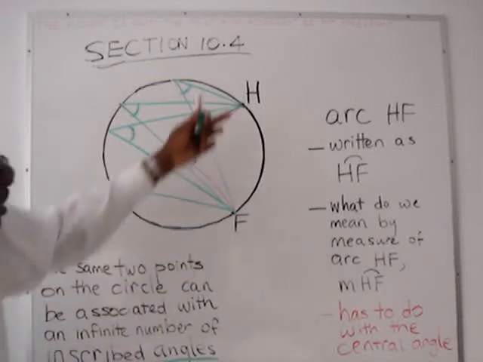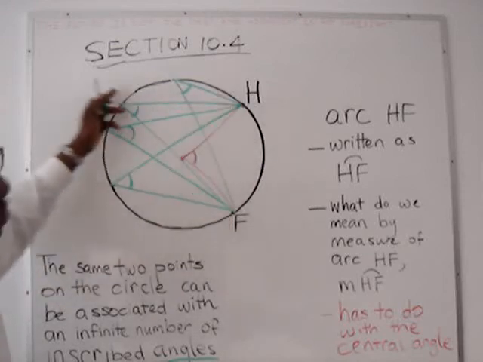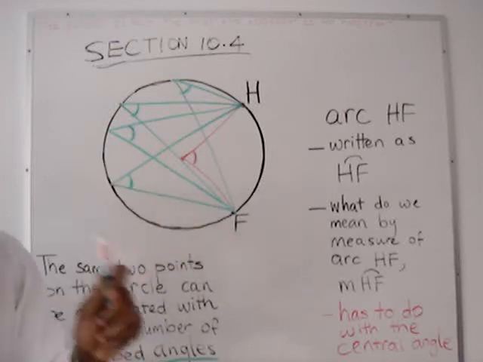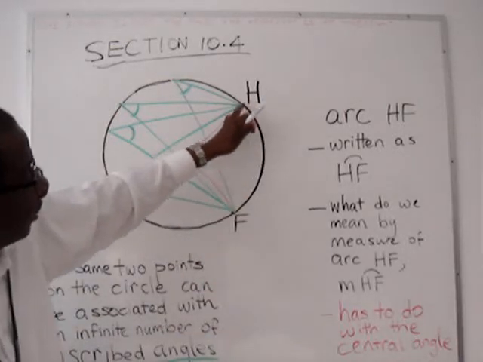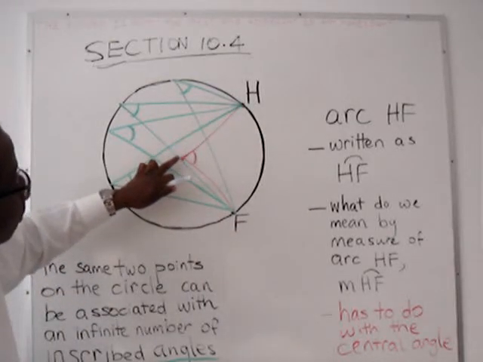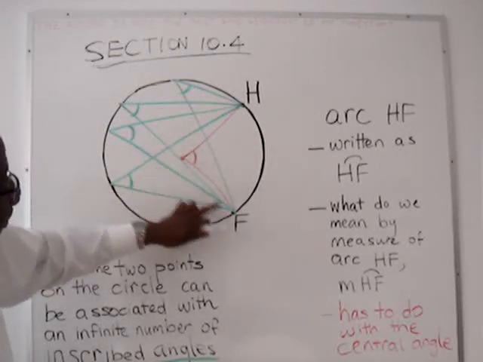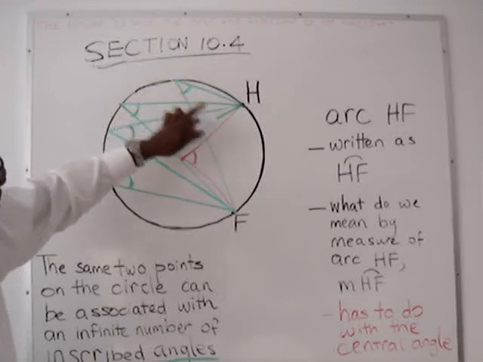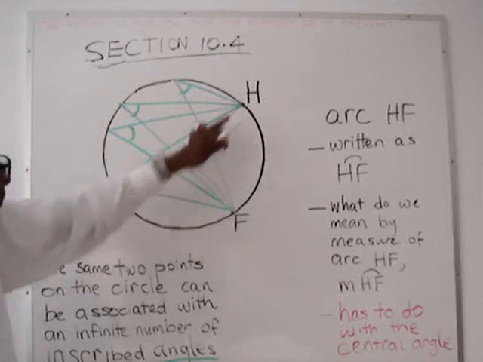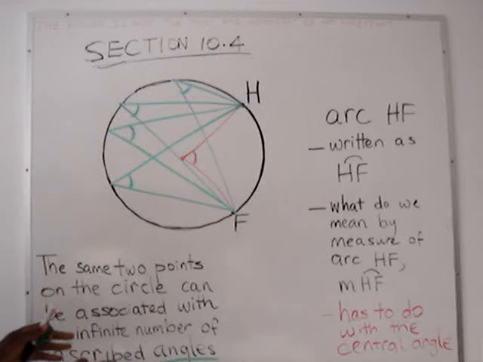For any arc HF, you can draw an uncountable number of inscribed angles. But there's only one central angle that you can draw, the one in red, because that one comes to the center and it's unique. So H comes to the center, going to F, whereas for all the other ones, H goes to the circle, comes to F. H goes somewhere else on the circle, comes to F. I hope you get that, because that's really the key thing here.